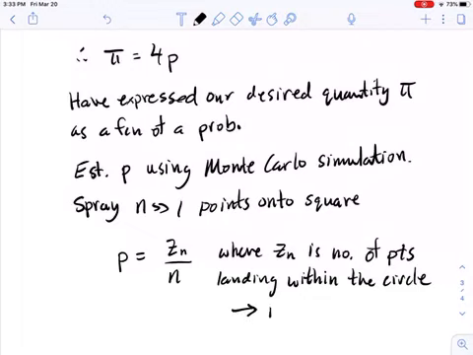So I'm going to call this the number of hits. And so that's what Zn represents.